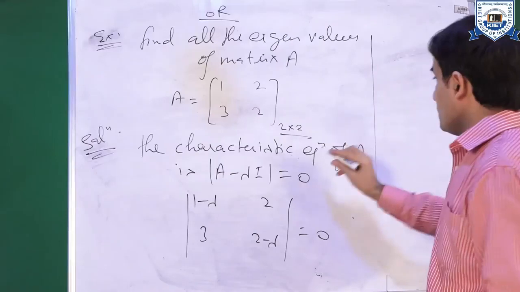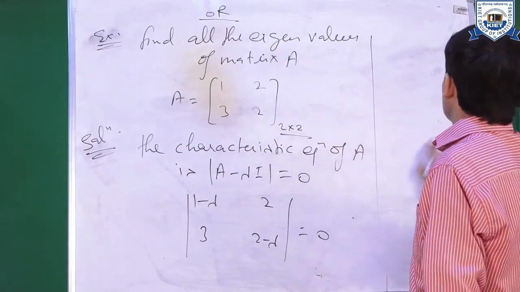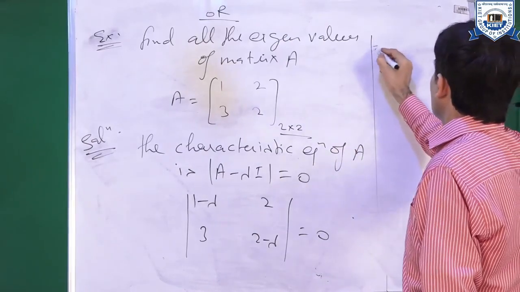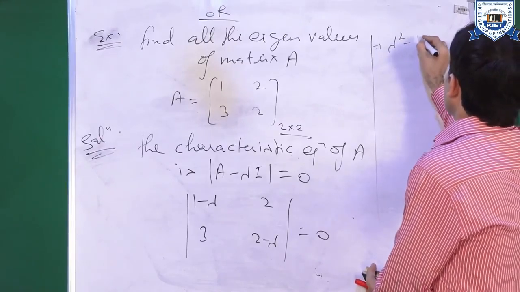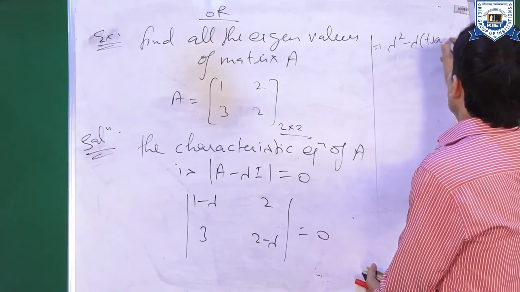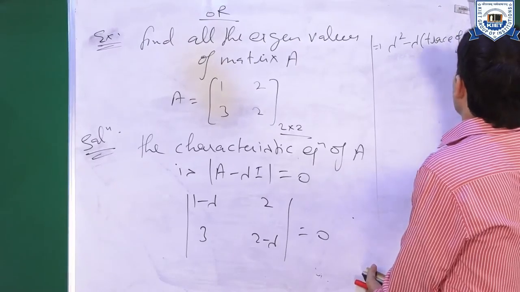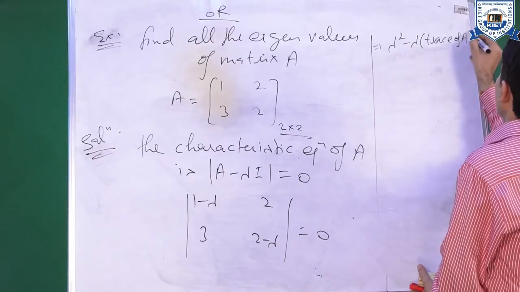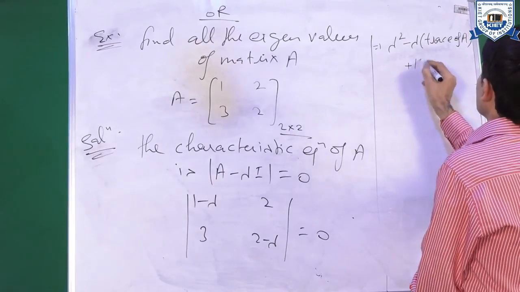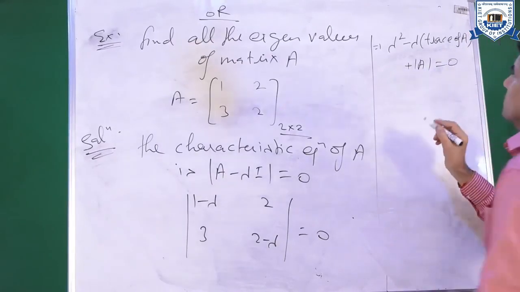For this, lambda square minus lambda into trace of matrix A plus mod of A is equal to 0.